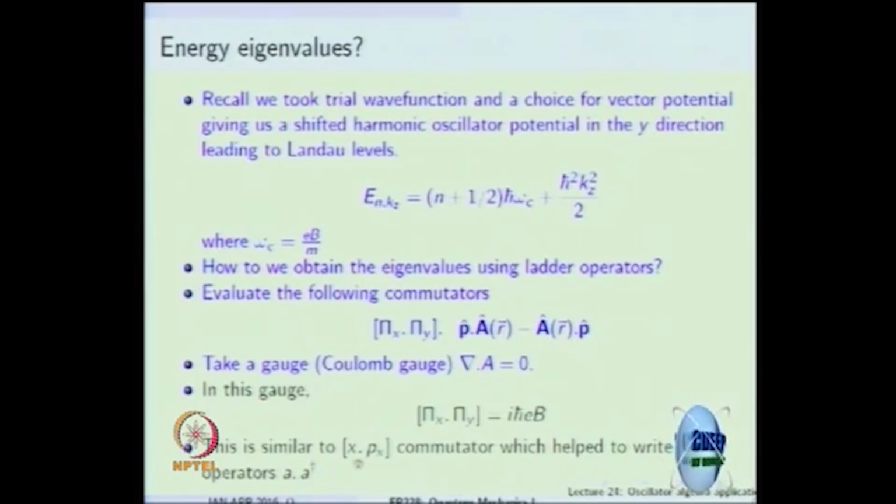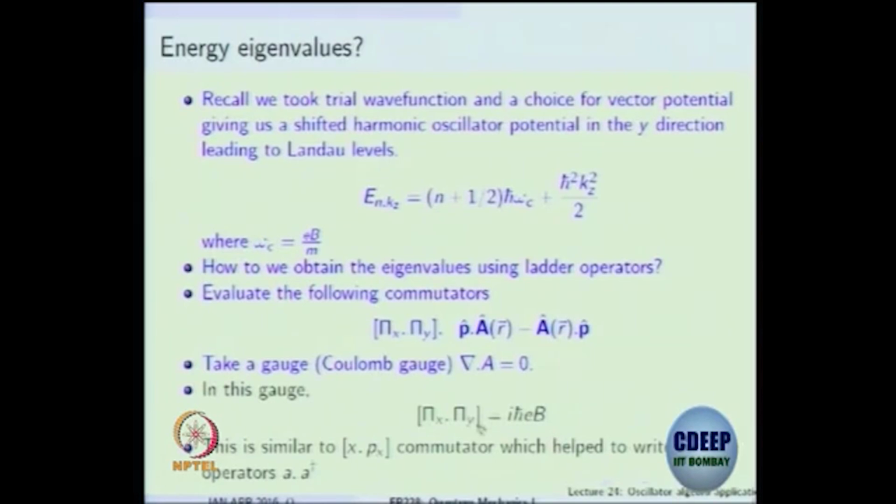Just like in the harmonic oscillator, x squared plus px squared, putting m, omega, everything to be 1, here we have a pi x squared and a pi y squared. Similar to the x, px commutator which is constant and non-zero, we have pi x with pi y to be non-zero and a constant.